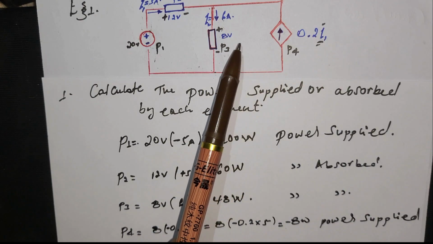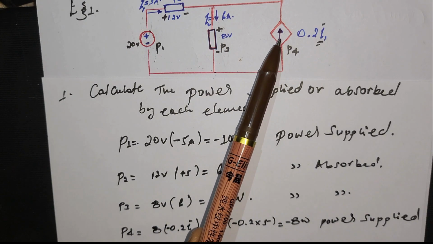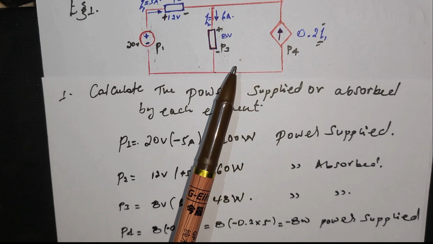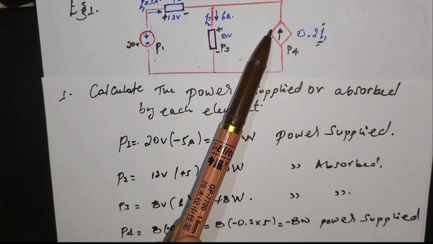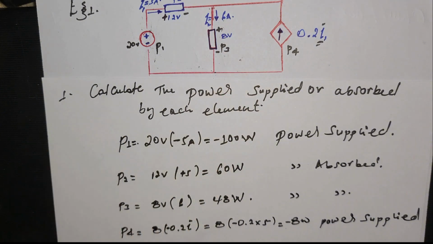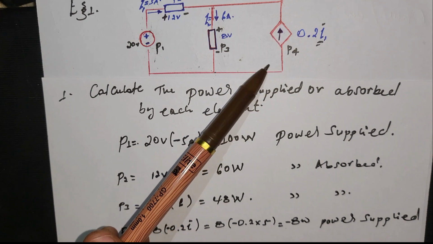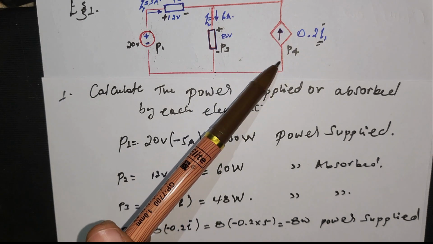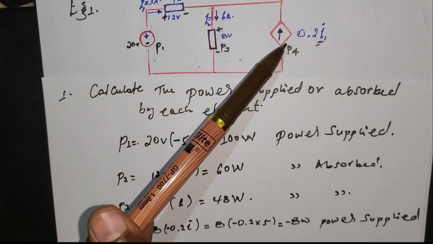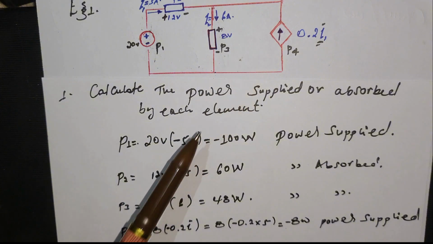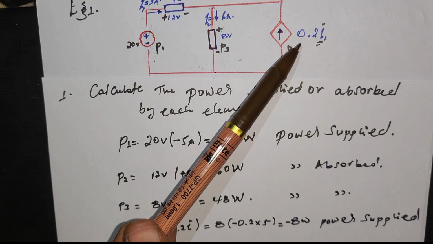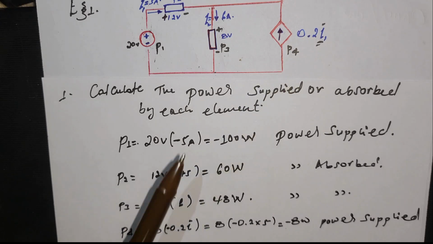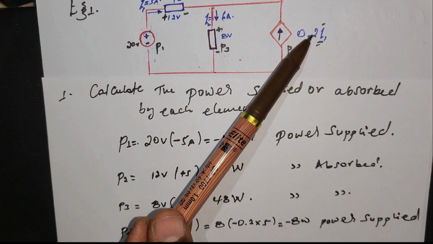Parallel elements have the same voltage, the same potential difference. So this would be 8 volt. The amount of voltage on this source is 8 volt. So 8 volt times 0.2 of I1, this is the given current.